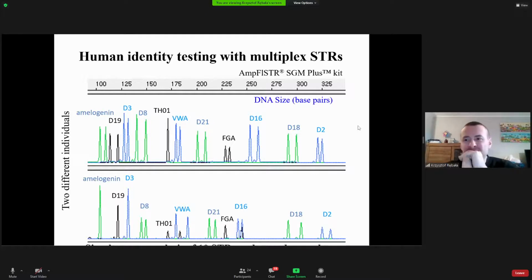I can tell you, no. This is a male, and this is a female. Now, why is the upper person a male and the lower person a female? Do you have any idea? 2 peaks, a male. 1 peak, a female.